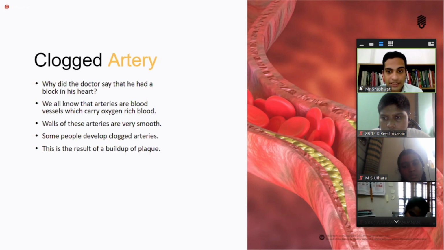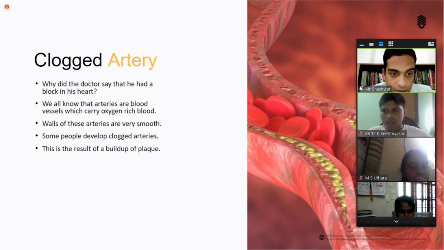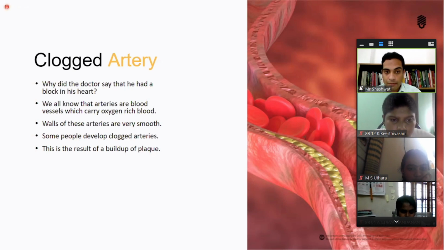It has arteries. The function of arteries is to carry oxygenated blood to different organs of our body. And we also have veins. What is the function of veins? To carry deoxygenated blood back to the heart. All right. So except the pulmonary artery, all arteries carry oxygenated blood, and except the pulmonary vein, all veins carry deoxygenated blood back to our heart. So it's a cycle which goes on.